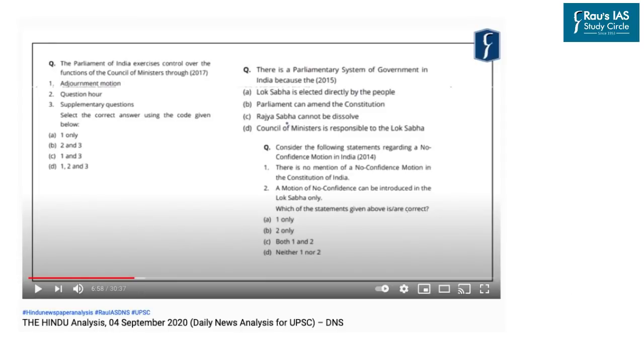Now, in the same DNS, a previous year's question asked by UPSC on the same theme, namely the parliamentary system of government, was also discussed. As you can see, a question asked in 2015 was almost similar, as the question was: there is a parliamentary system of government in India because, and the options were A. the Lok Sabha is elected directly by the people, B. Parliament can amend the constitution, C. Rajya Sabha cannot be dissolved, and D. Council of Ministers is responsible to the Lok Sabha.